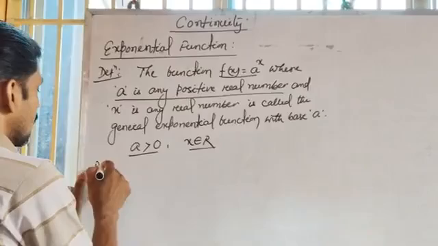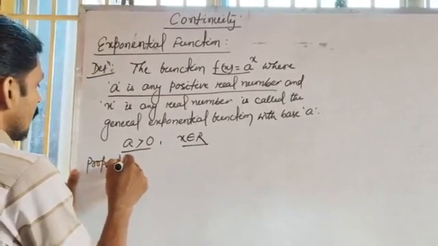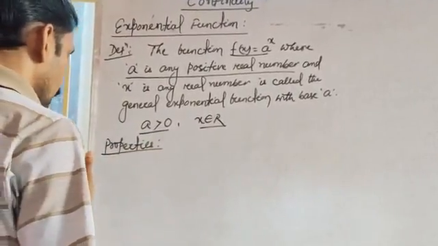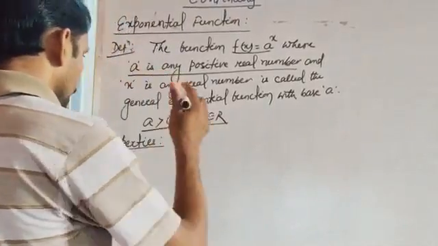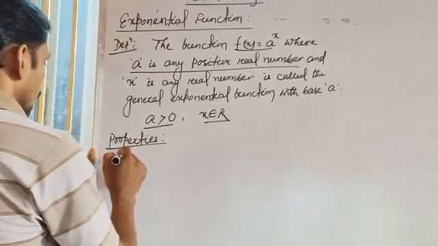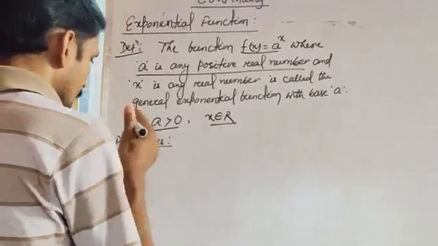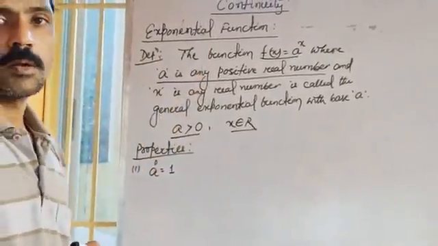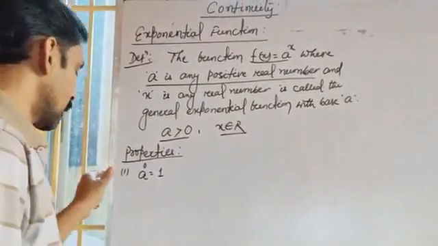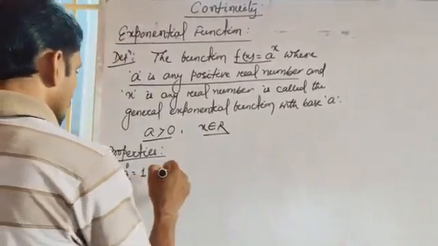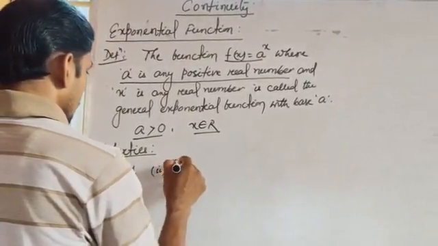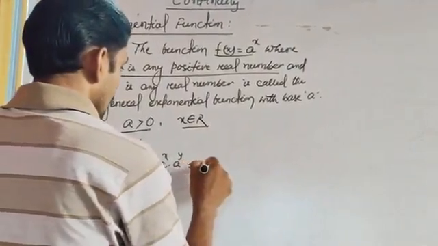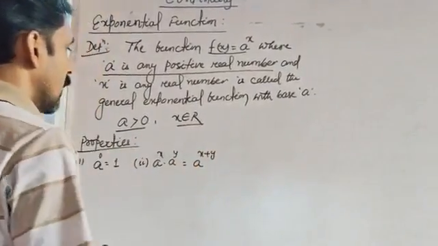Now some properties. For the first property, a to the power 0 is 1. You know, any non-zero number raised to the power 0 is 1. Second is a to the power x into a to the power y equal to a to the power x plus y.